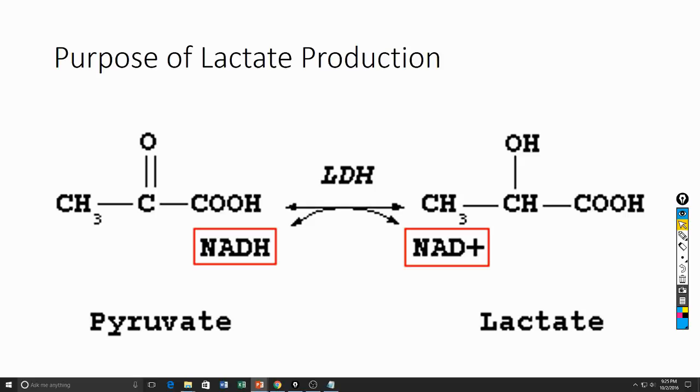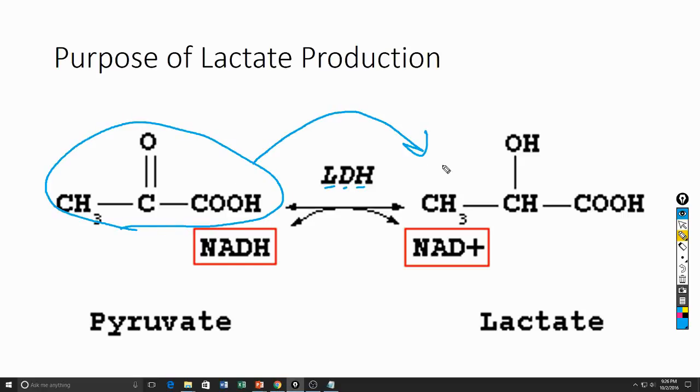And what happens when lactic acid is produced is that pyruvate is catalyzed by this enzyme, lactate dehydrogenase, and part of that reaction of taking this pyruvate molecule and turning it into this is donating a hydrogen, taking this hydrogen off of NADH and putting it on there.